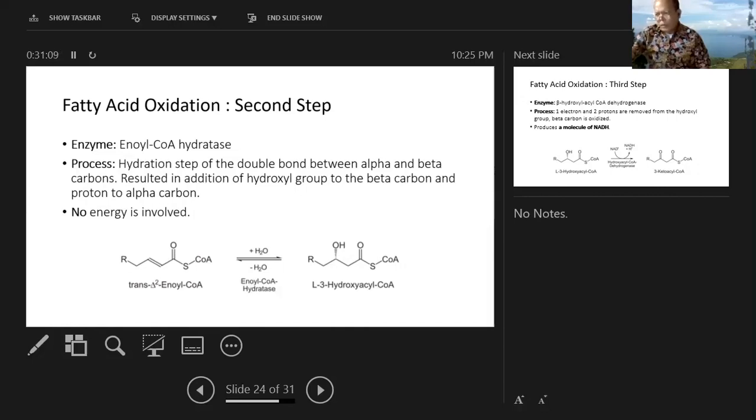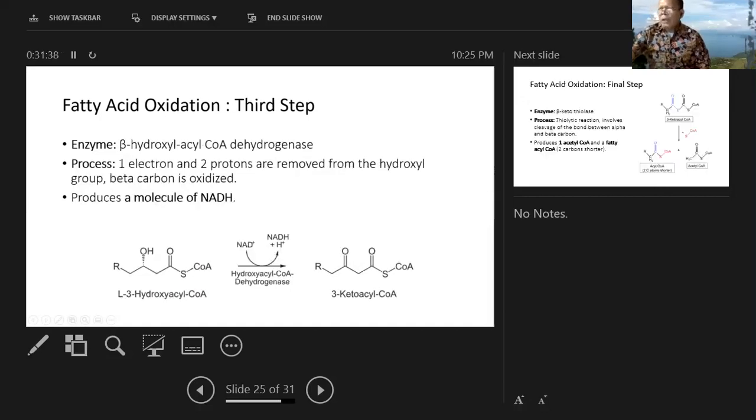Let's see the structure of this equation. This is trans delta 2 enoyl CoA and it will be converted into L-3-hydroxyacyl CoA. You should remember that this configuration should be L. Then let's move to the third step.